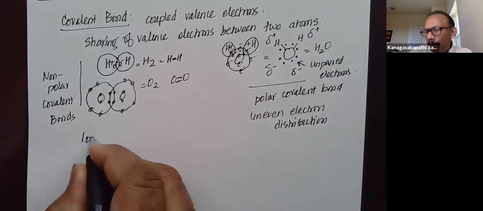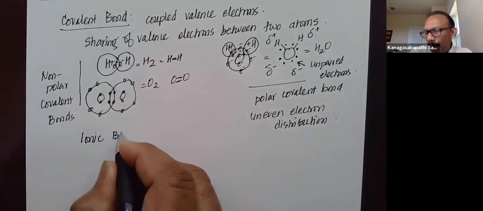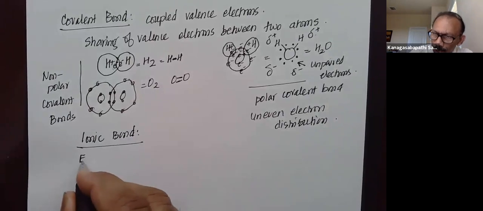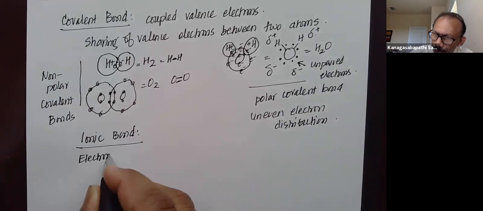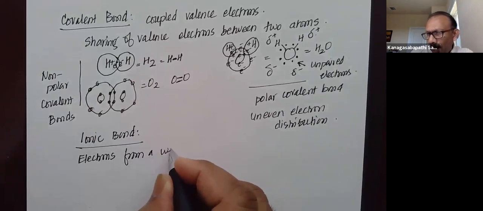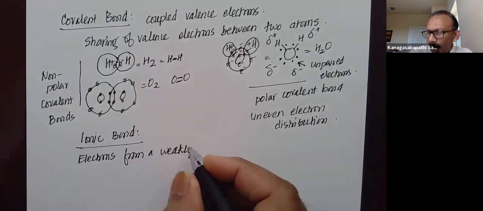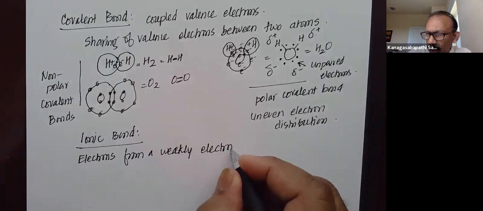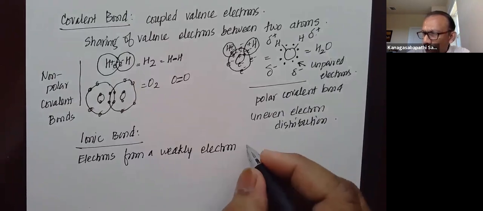The next type of bond is an ionic bond. An ionic bond is where an electron is lost from a weakly electronegative atom, and in chemistry you also call this a bond between a metal and a non-metal.